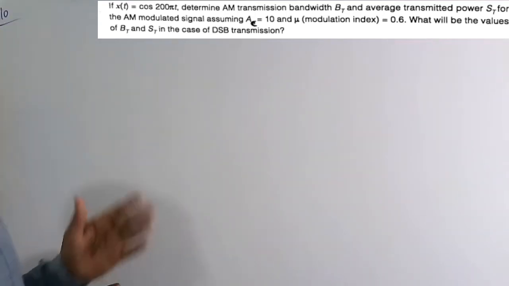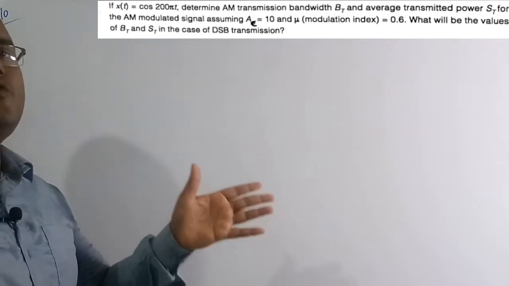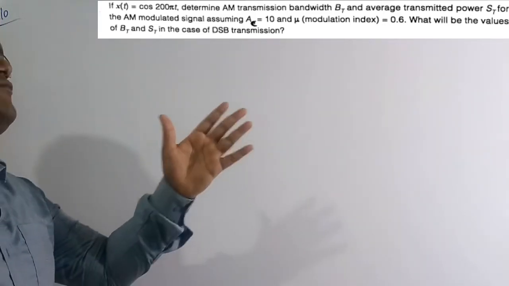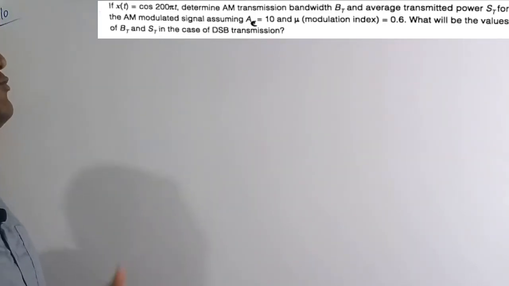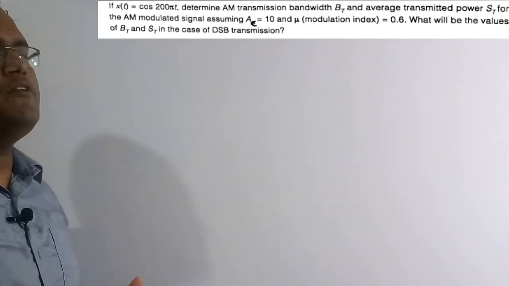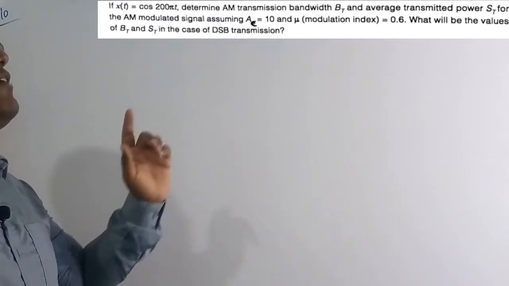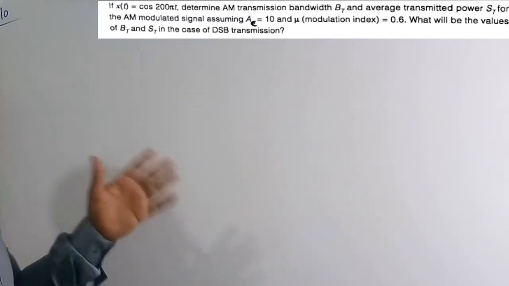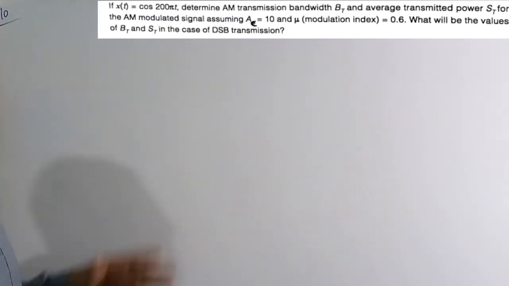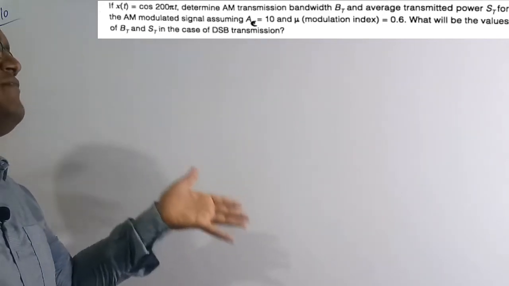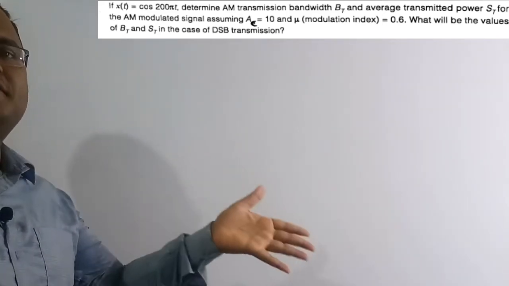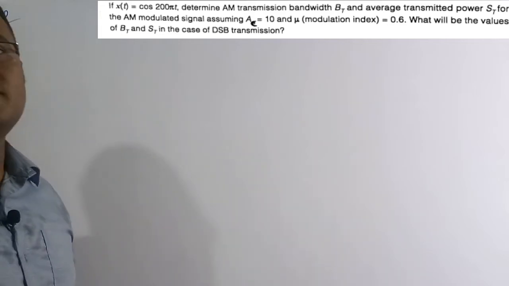Here in the question they are asking for the AM, what is the bandwidth and the average power, and for the DSB, dual sideband, then what is the bandwidth and the average power, when the message signal is x of t. Also they have given the peak value of the carrier signal, which is 10 volt, and modulation index is 0.6. So from this data we need to find the bandwidth and the power in the AM, and the bandwidth and the power in the DSB.